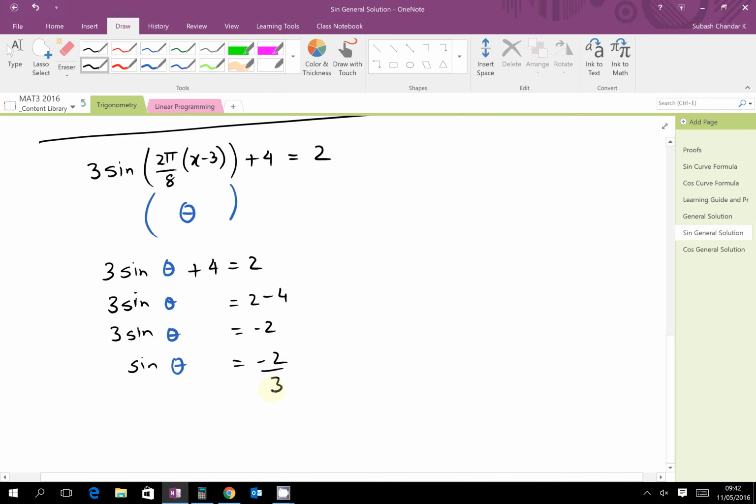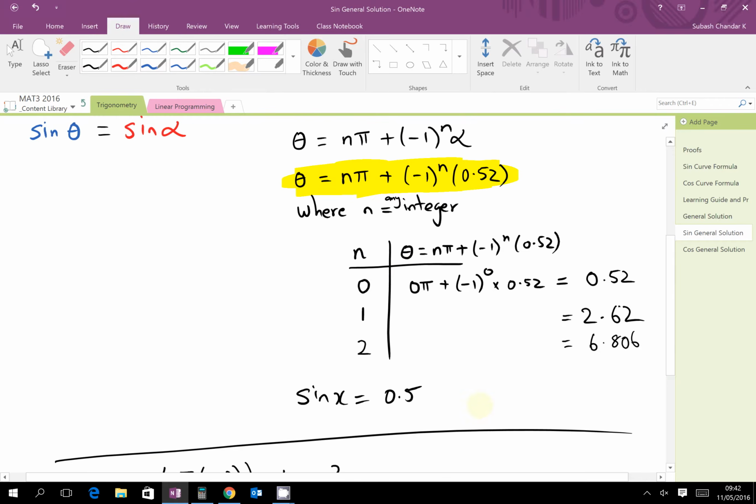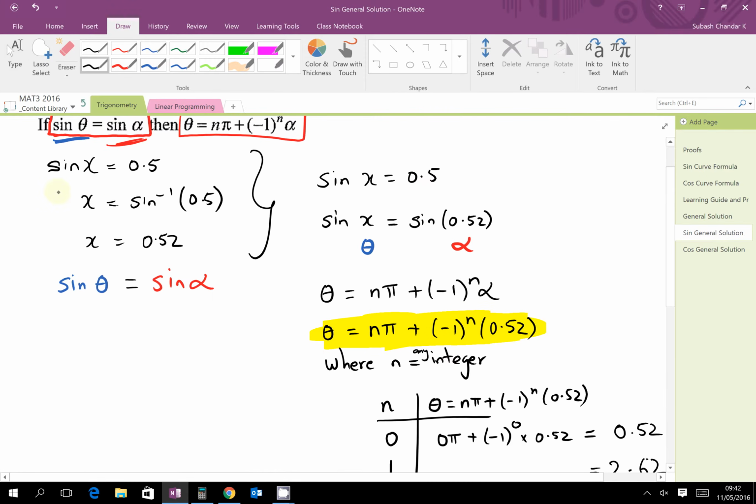Is that something you can do by yourself already? Yes? Now, go back to what we did earlier. See how when we had sine x equals 0.5, we had to say x is equal to shift sine of that. So that's all we're going to do.